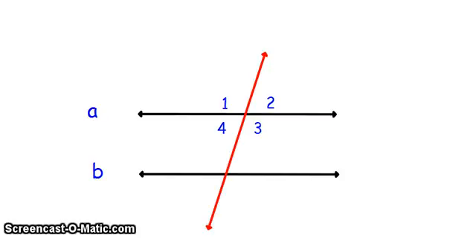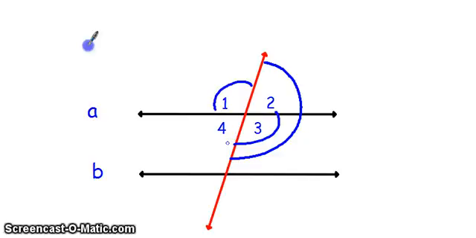Now, if we know that angle 1 and 2 equal 180 degrees, we can also figure out that angle 2 plus angle 3 would equal 180 degrees. And that's going to leave us in a pretty weird situation, and it's going to reveal that angle 1 and angle 3 are corresponding and are similar.